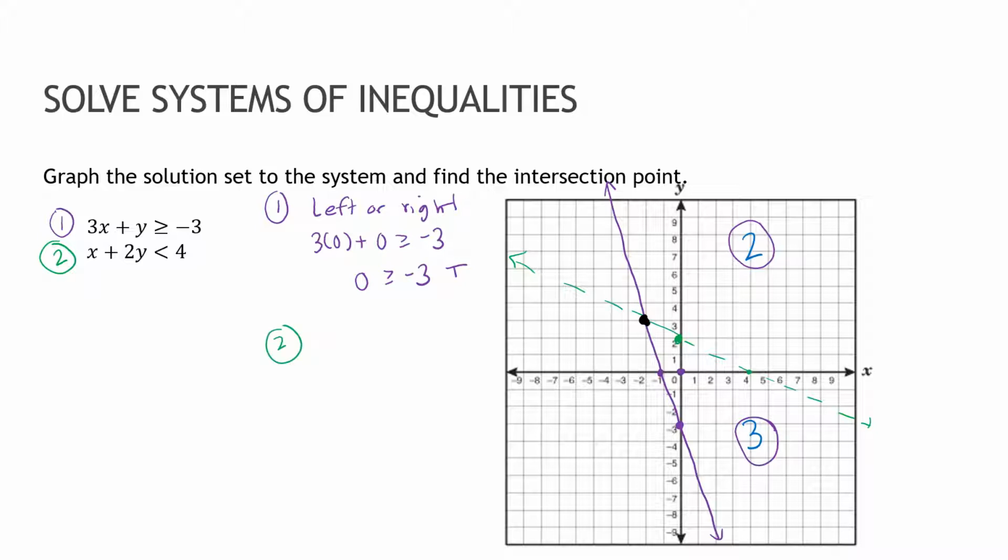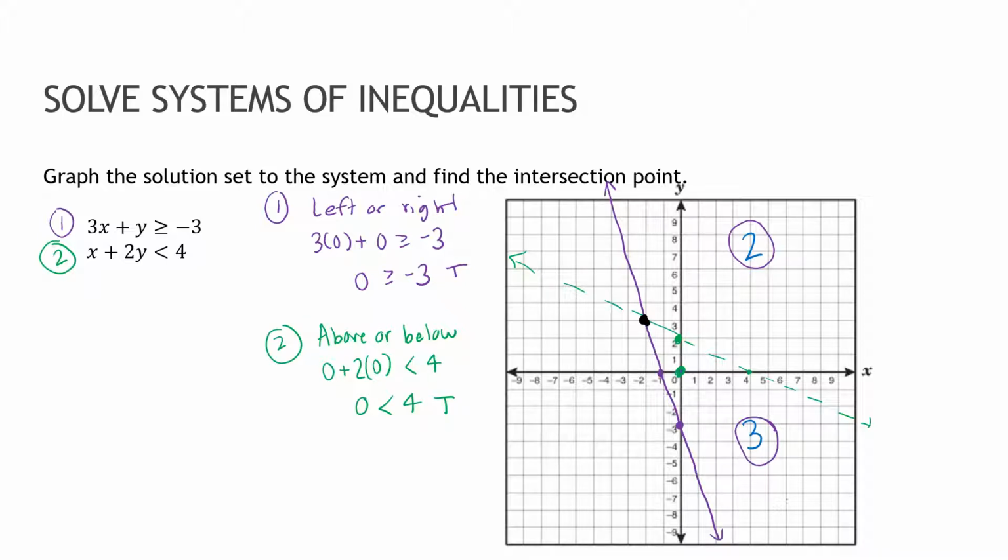I'm going to use the green equation, and it's going to be above or below. Choose a test point that's not on the green line. Guess which one I'm going to choose? 0, 0. 0 plus 2 times 0 is less than 4. 0 is less than 4.